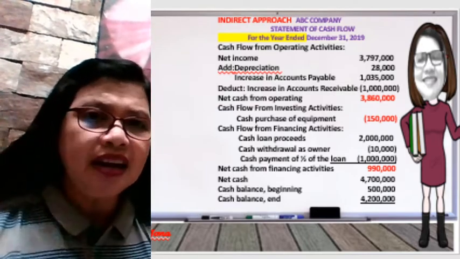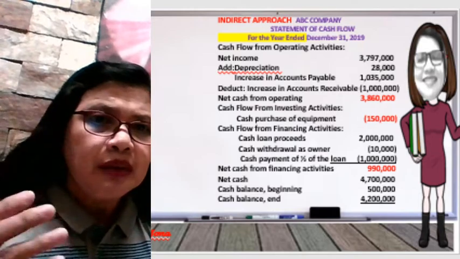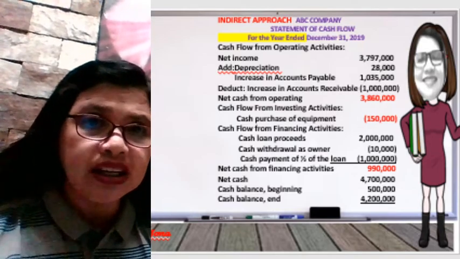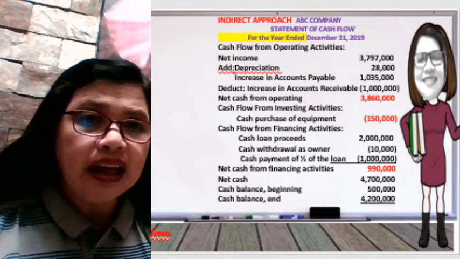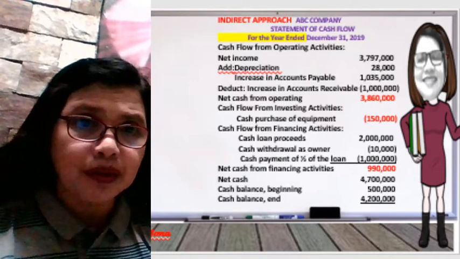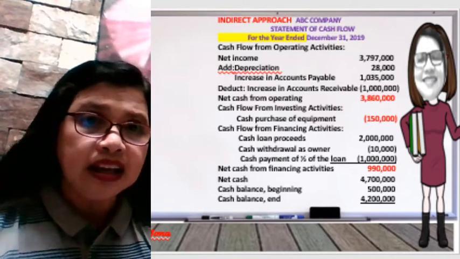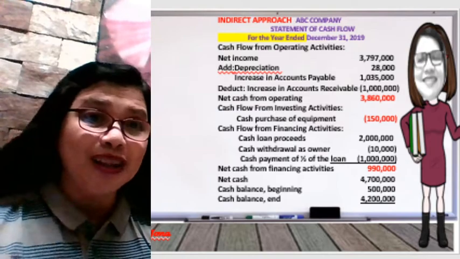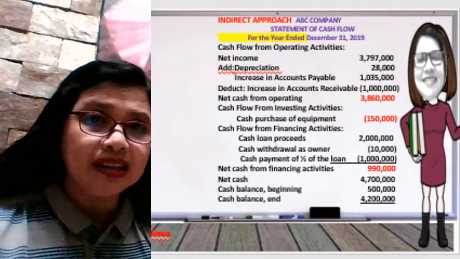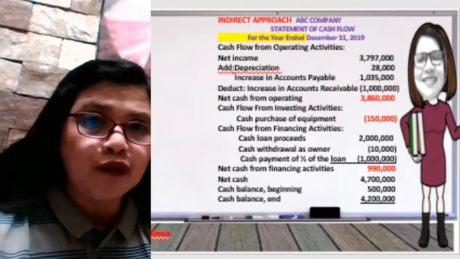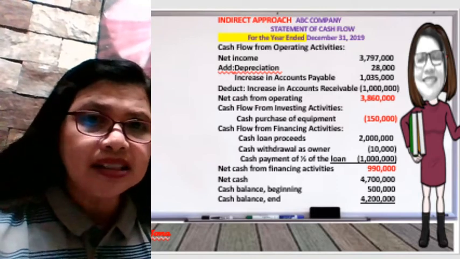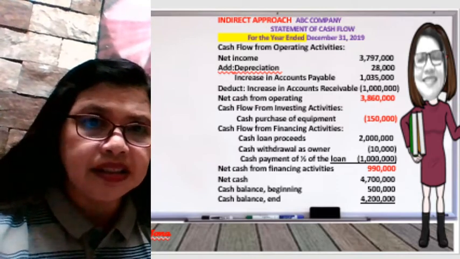Okay, so here in financing activity, we have the cash loan proceeds of 2 million and a deduction of withdrawal from the owner or the drawing account and the cash payment of the loan. Half of the loan was paid, so a deduction of 1 million. So net cash of financing 990.